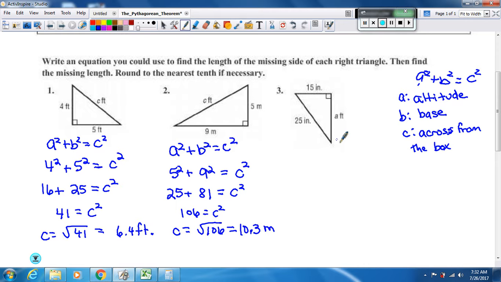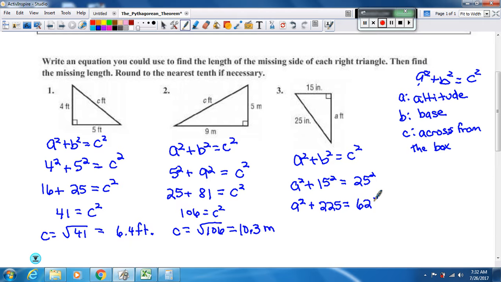Okay, this next one's kind of flipped. It's still a squared plus b squared equals c squared. Since it's flipped, the altitude is a, the base is 15, and across from the box is 25, and that is the value of c. So you've got a squared plus 15 times 15 is 225, equals 25 times 25 is 625.